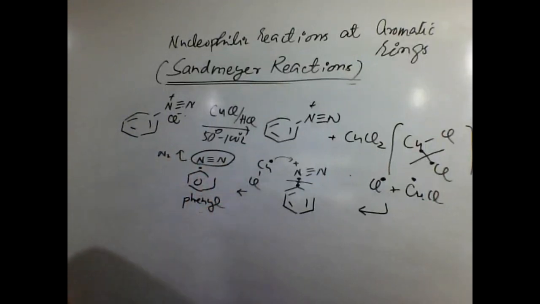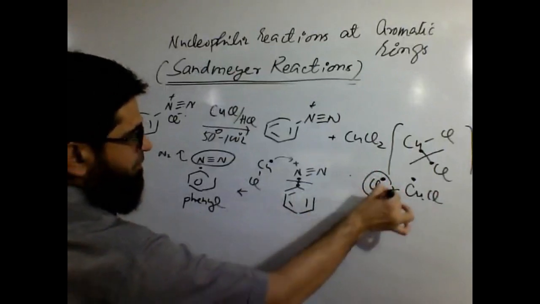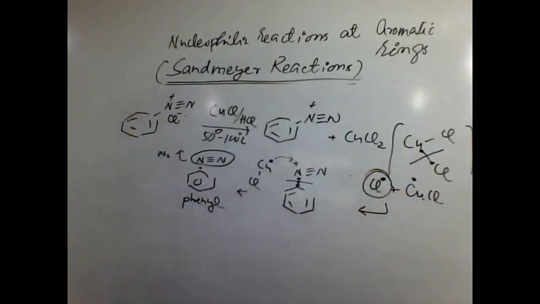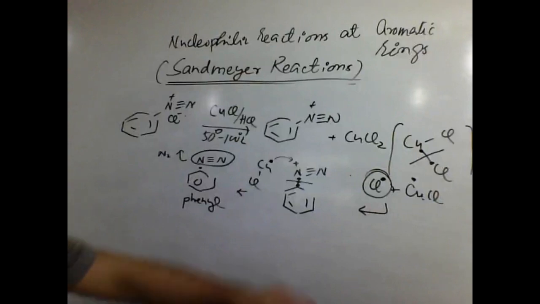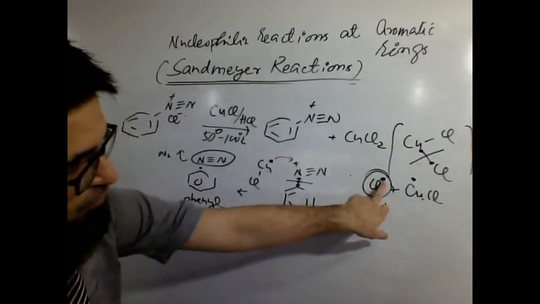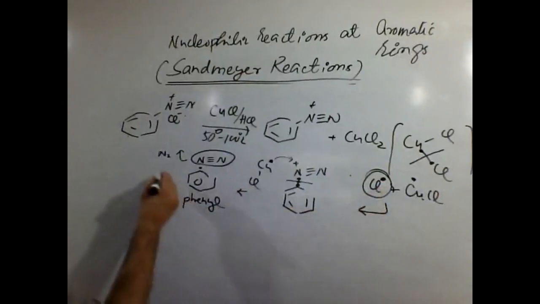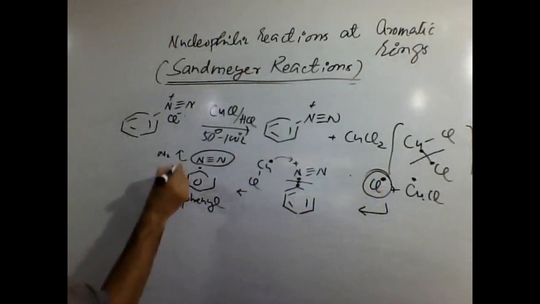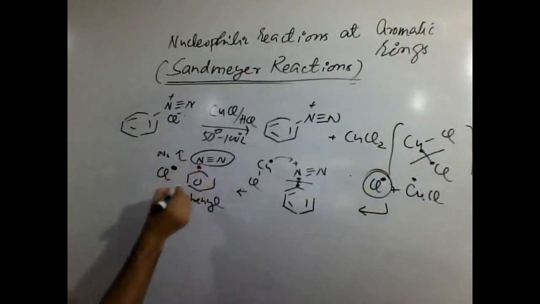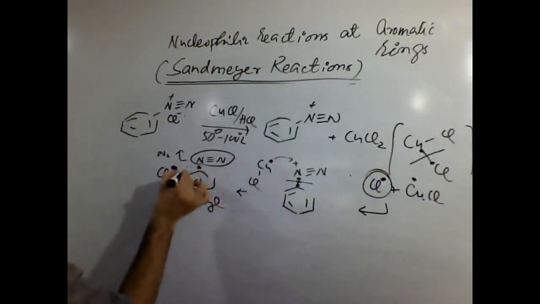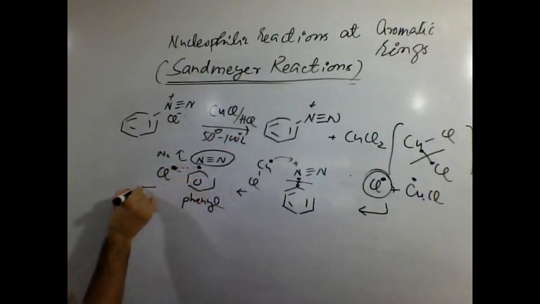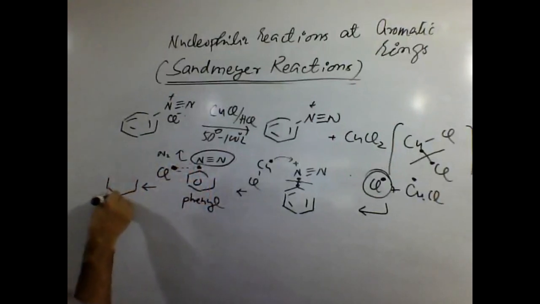We have an idea that the radical generated from Cl, having one unshared electron available, will come over here to react with this radical. So the reaction between these two radicals will generate the product, which is chlorobenzene.